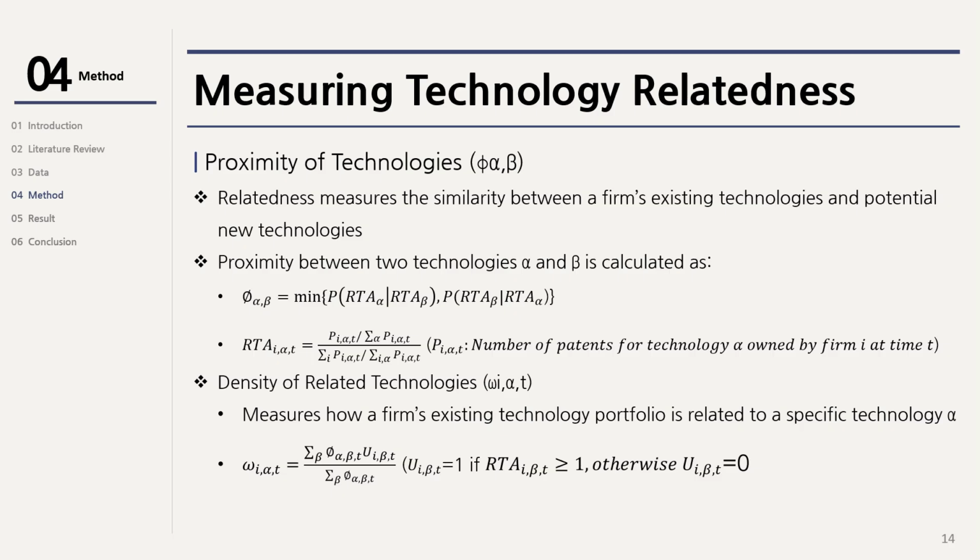And the second equation aggregates the proximity of all related technologies in the firm's portfolio. Firms with higher relatedness density are more likely to diversify successfully. Firms with higher relatedness are expected to have an easier transition into new technologies.